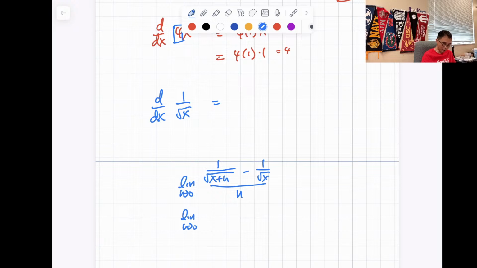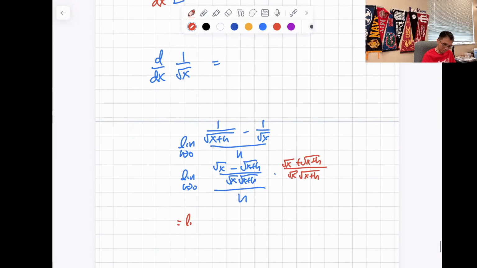But this is how long it's supposed to be. I've got to multiply by the conjugate. See how much work this is? Too much? But you have a quiz tomorrow about this.